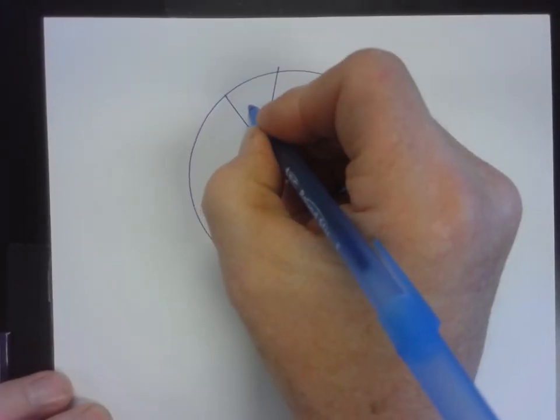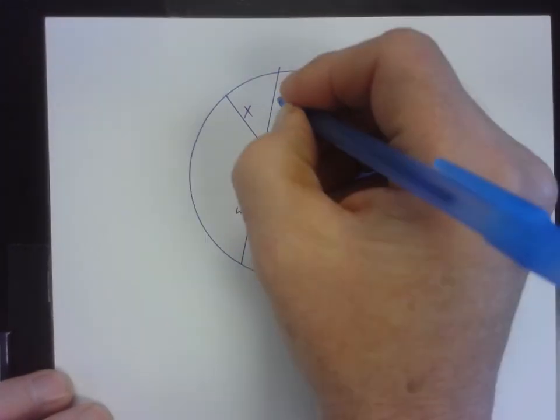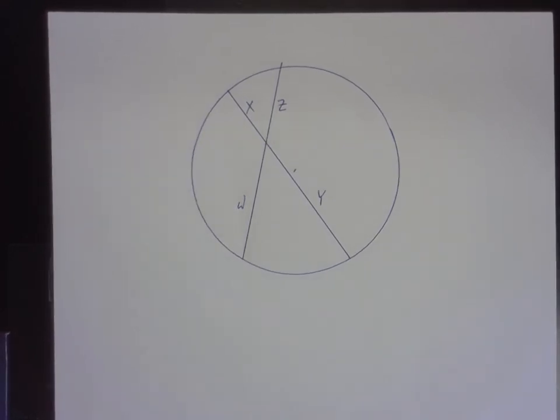And this is X, this segment's Y, this one's W, this one's Z. X times Y equals W times Z. I have a hard time believing it sometimes. But that is the segments of chords theorem. You will not be asked to prove that one. Does that break your heart? No? You okay with that? Anyway, that's a good one.